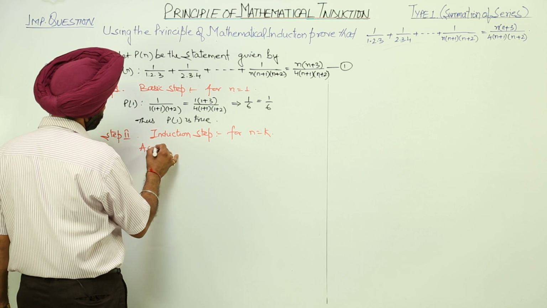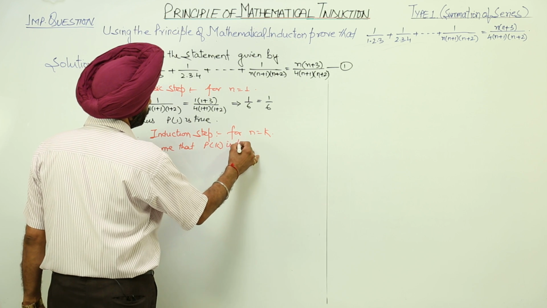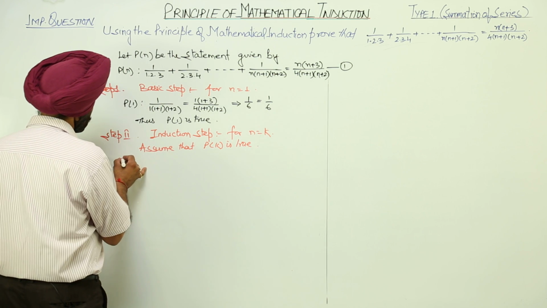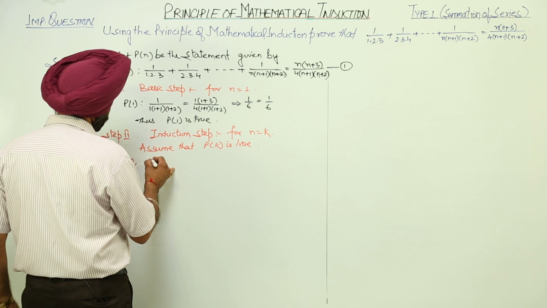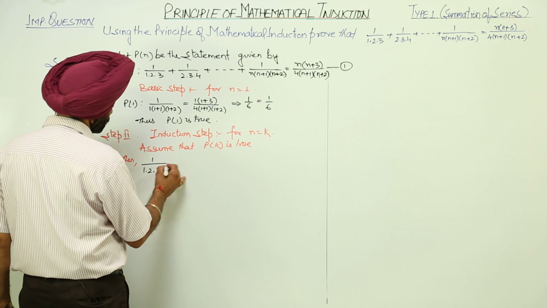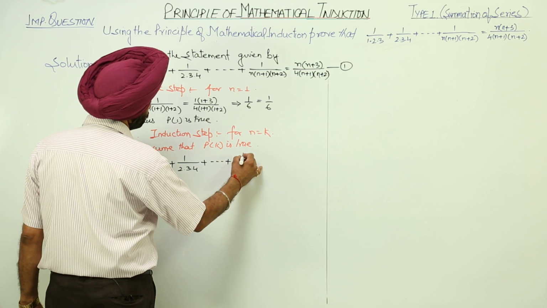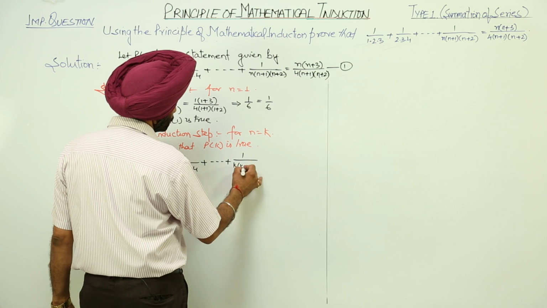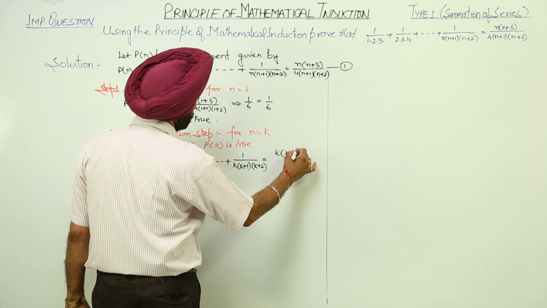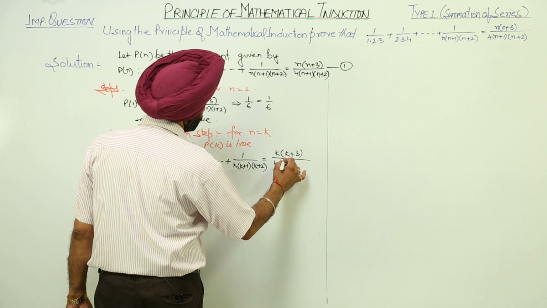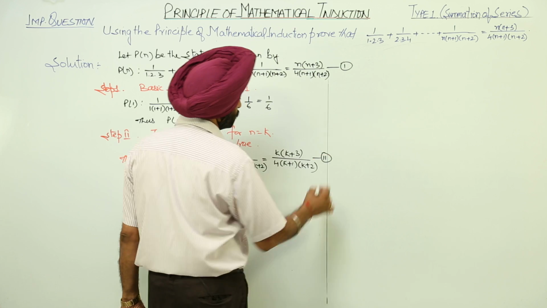Now, assume that Pk is true, then 1 upon 1 times 2 times 3 plus 1 upon 2 times 3 times 4 plus ... plus 1 upon k times k plus 1 times k plus 2 is equal to k times k plus 3 upon 4 times k plus 1 times k plus 2. Now, let this be equation number 2.